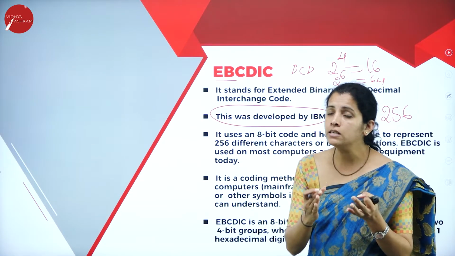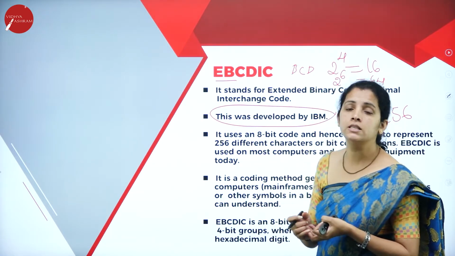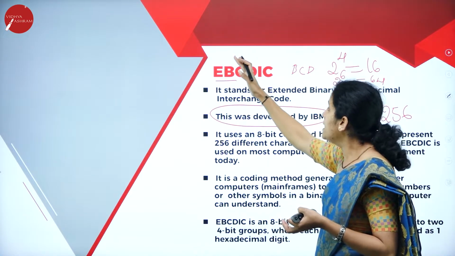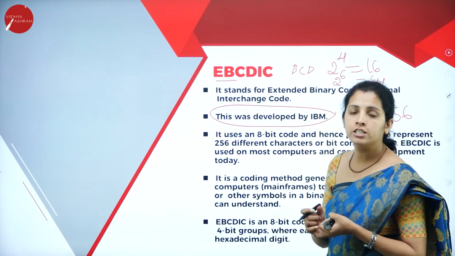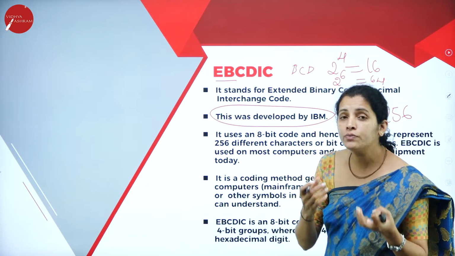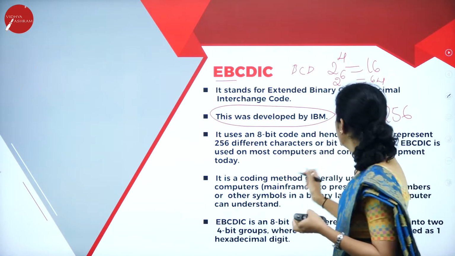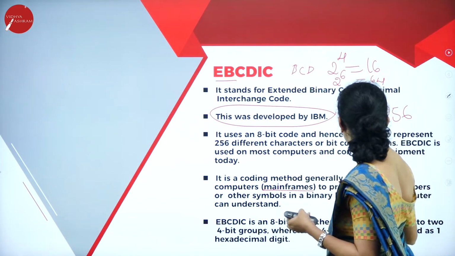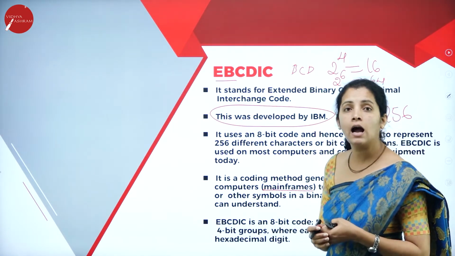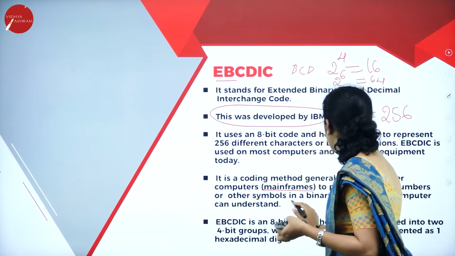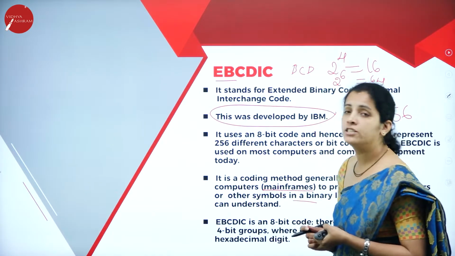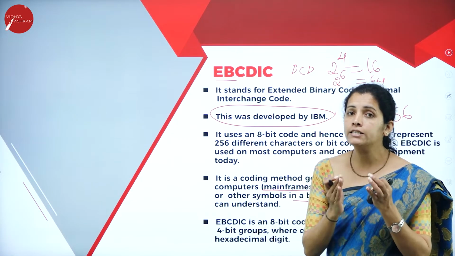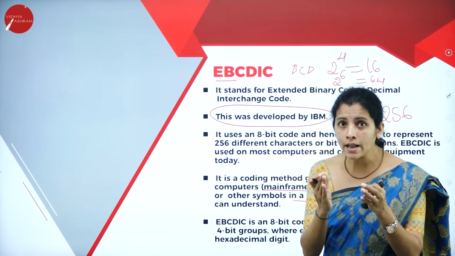For that reason, it is a commonly used number system, and it is most frequently used by mainframe computers to represent letters, numbers and symbols in a binary language the computer can understand. Because computer understands only machine language.